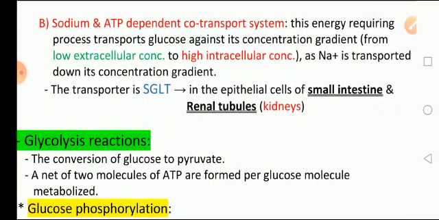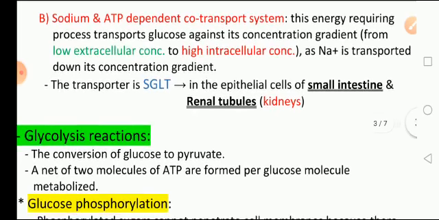First, blood is filtered through the glomerulus, and here the glucose enters the tubule. If I didn't uptake this glucose, it would be lost in the urine. So I need to conserve this glucose. How will I conserve this glucose? Through the sodium ATP-dependent co-transport system.